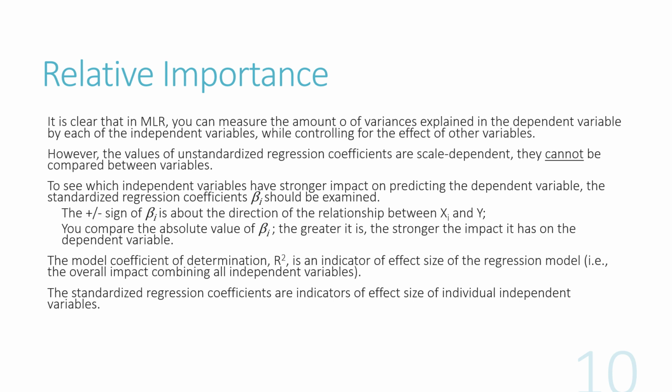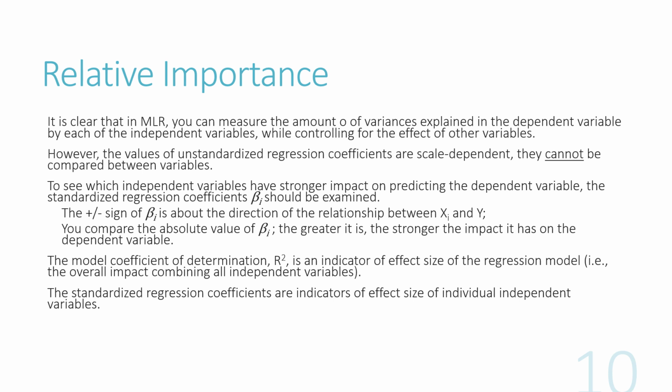Standardized regression coefficients, on the other hand, allow for comparisons because all variables are transformed to have a mean of 0 and a standard deviation of 1. The absolute values of standardized regression coefficients indicate the relative importance of independent variables, with larger values reflecting stronger contributions to the dependent variable.